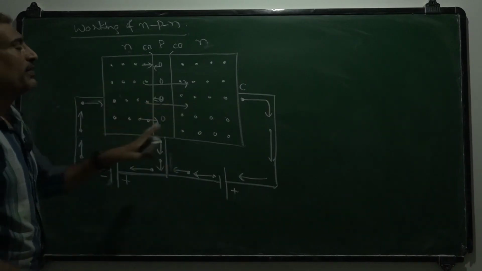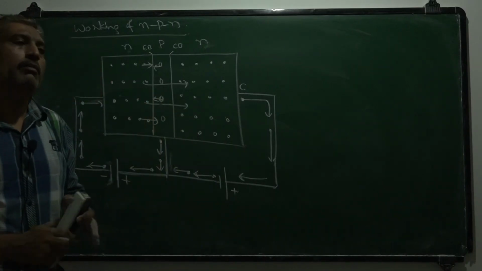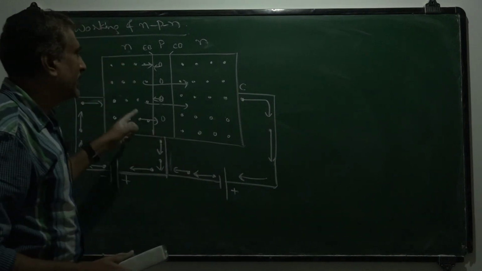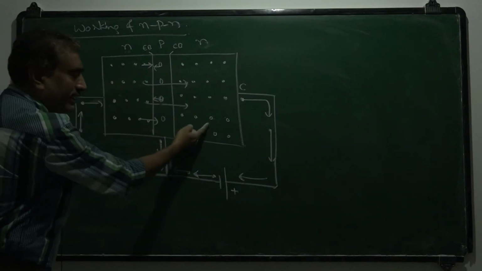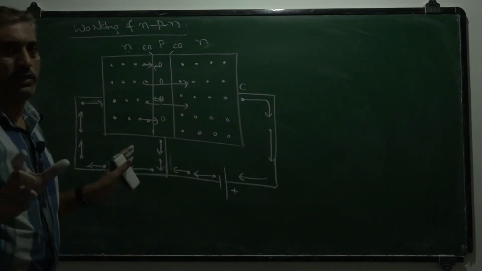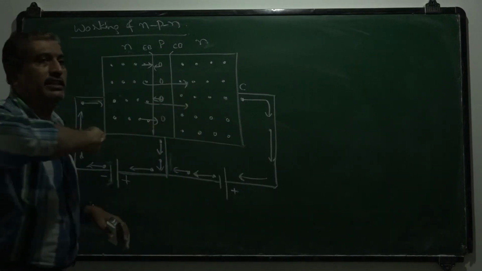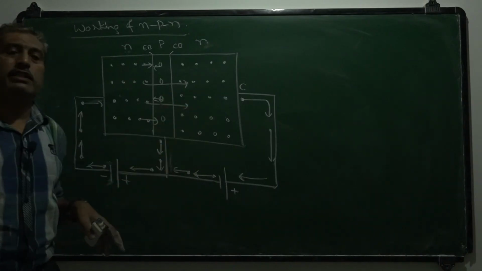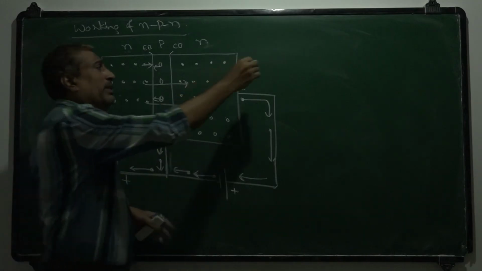So in this way, in NPN transistor also the working principle is the same, but the roles of electrons and holes are changed. In NPN transistor, in the external circuit and inside the transistor, current conduction is by electrons only. Whereas in PNP transistor, inside the transistor conduction is by holes, and in the external wires or external circuit, conduction is by electrons.